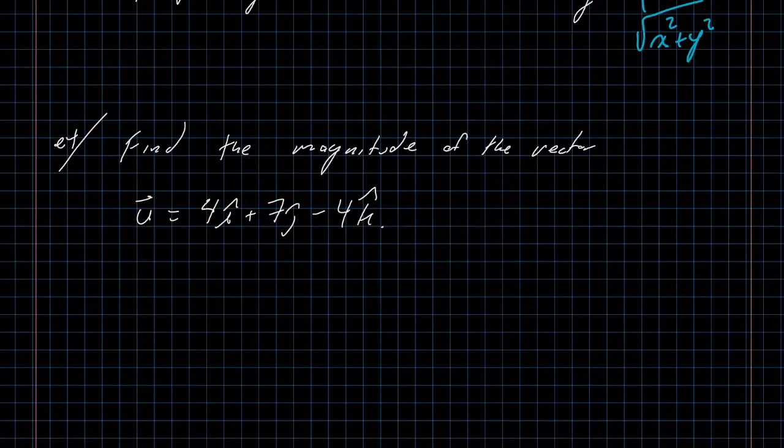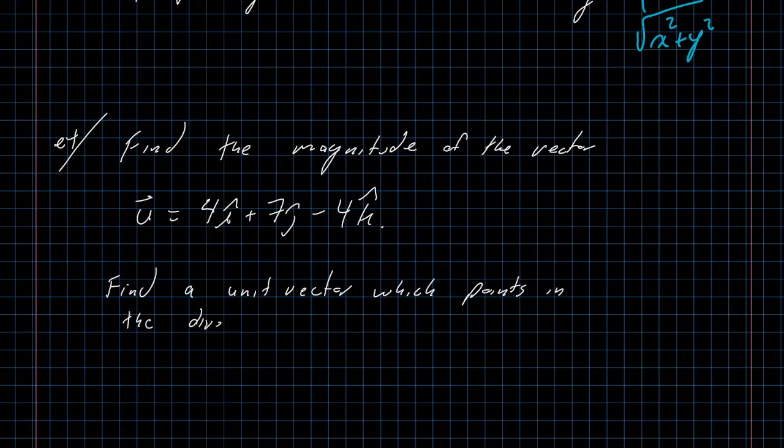And then, thinking back to what we've done with vectors previously, I would like you to try to find a unit vector which points in the direction of this vector u whose magnitude I'm asking you to find.